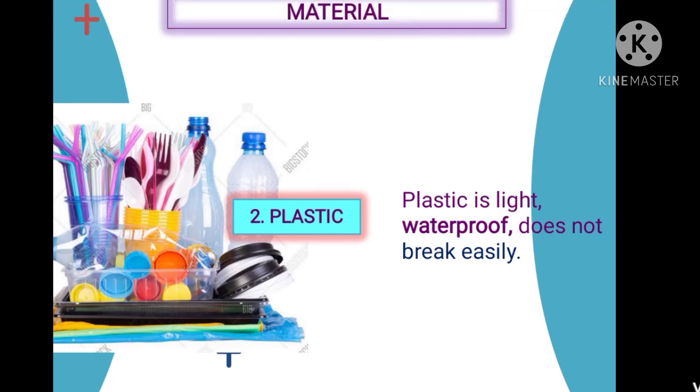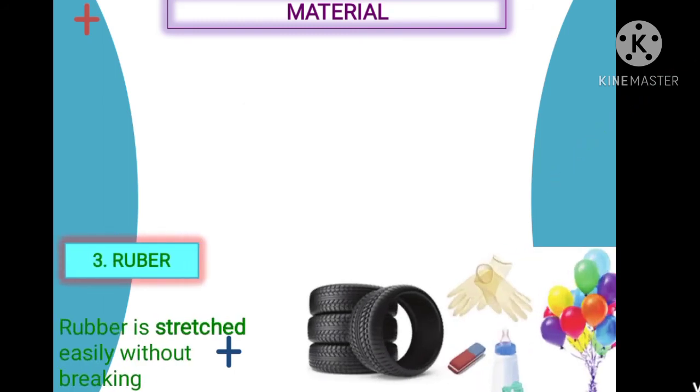Plastic is light and waterproof and does not break easily. So those are the properties of plastic. And then rubber. Rubber stretches easily without breaking. So we use it for many purposes like tires, gloves, balloons, erasers.